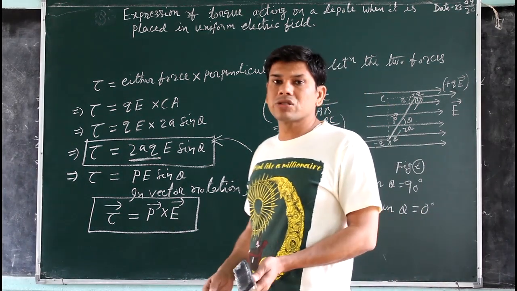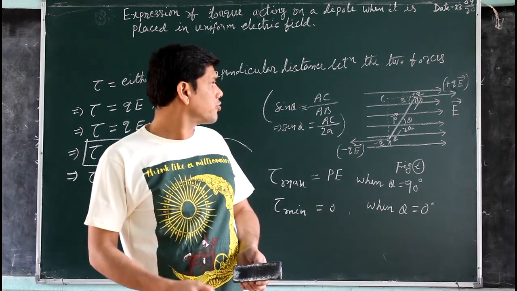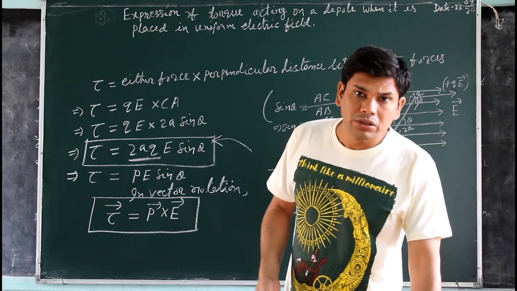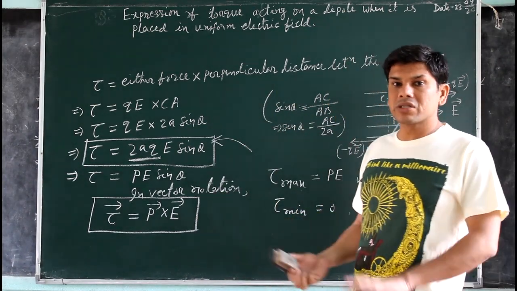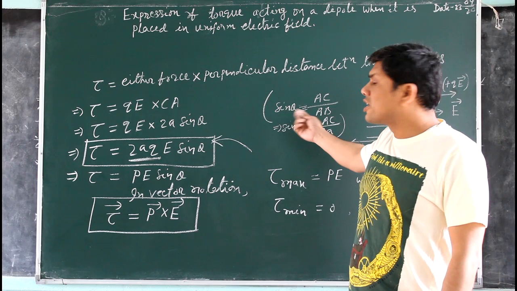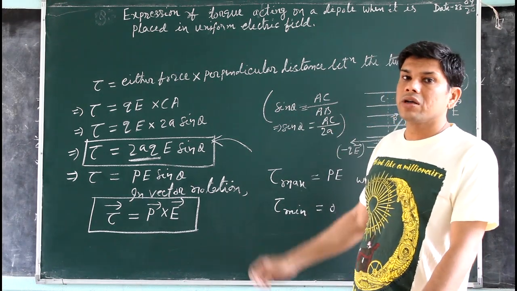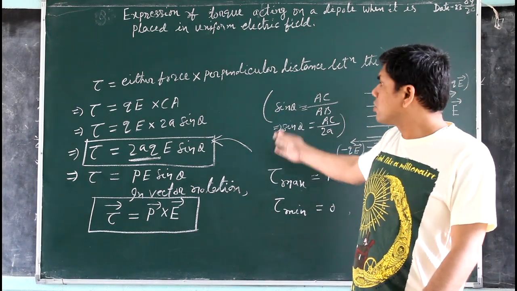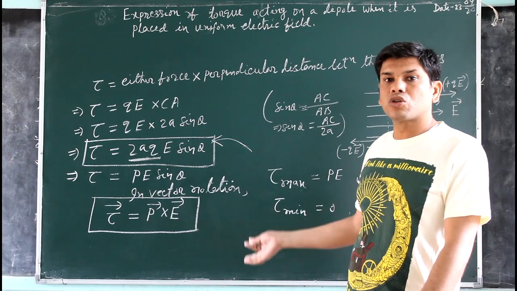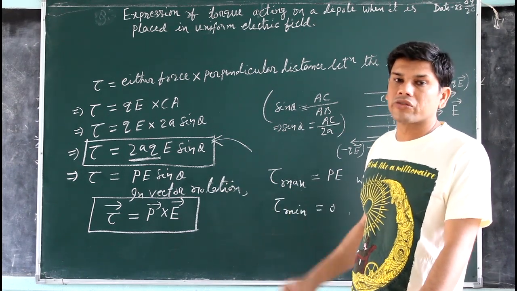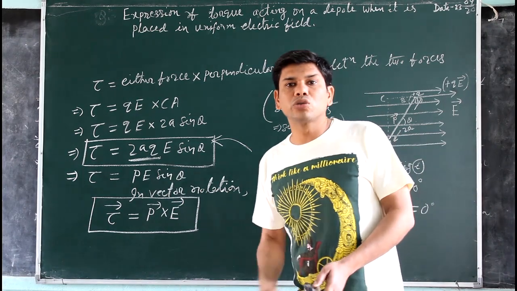It is not in your syllabus, but if you want to know, when it is placed in a non-uniform electric field, in that case the dipole experiences both torque as well as linear force. Okay, just go through this. Thank you.